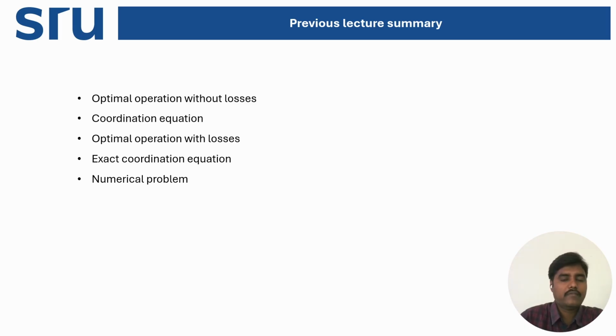So let me write that equation for you just for a quick revision. The coordination equation is nothing but the incremental fuel cost of all the units should be the same. That is dC1/dP1 = dC2/dP2, and so on up to dCn/dPn, that is equal to lambda.